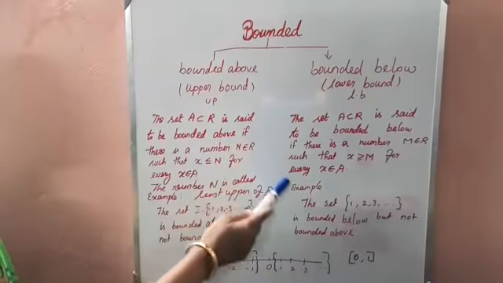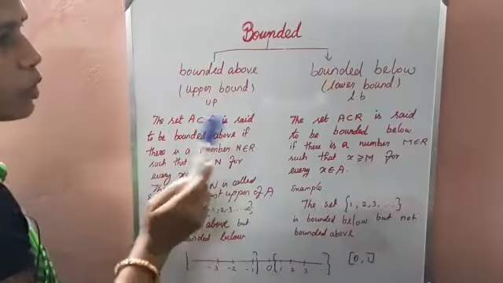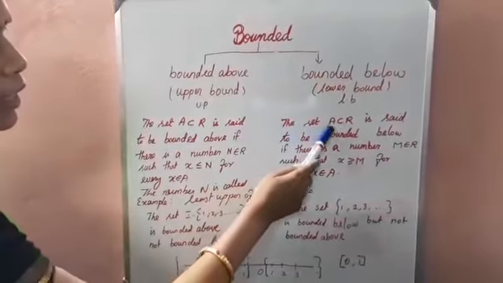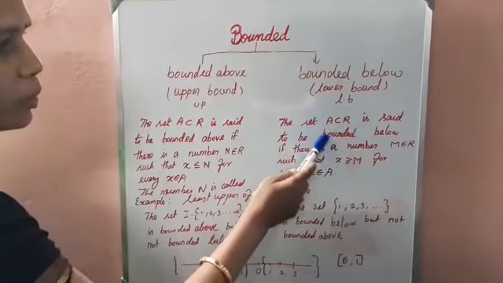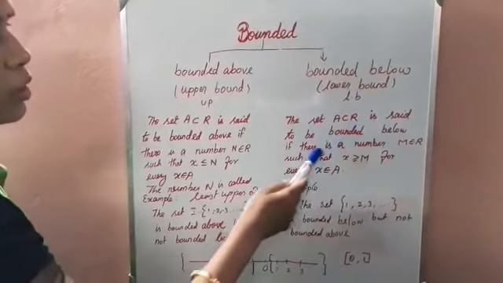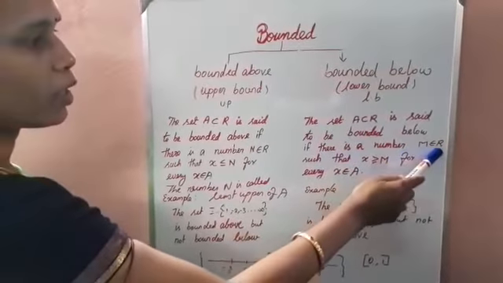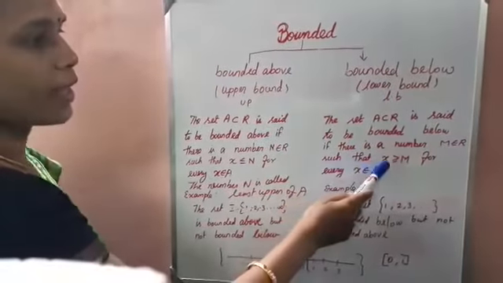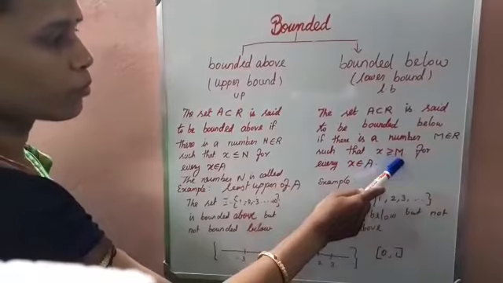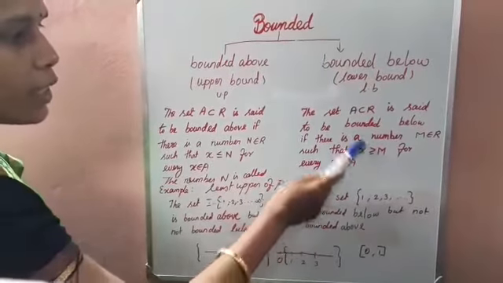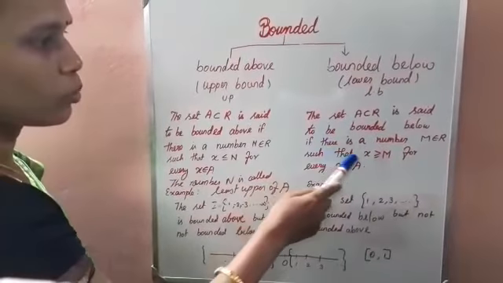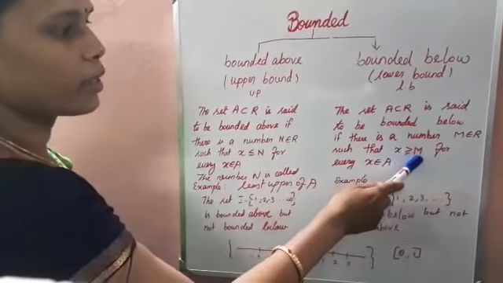See the next definition, bounded below. The set A contained in R, a subset of R, is said to be bounded below if there exists a number m belonging to R such that x is greater than or equal to m for every x belonging to A. That means every element of A should be greater than or equal to the number m.